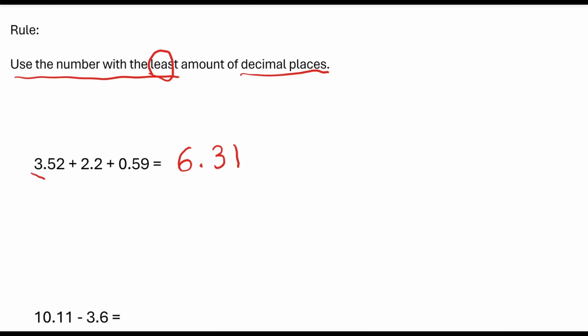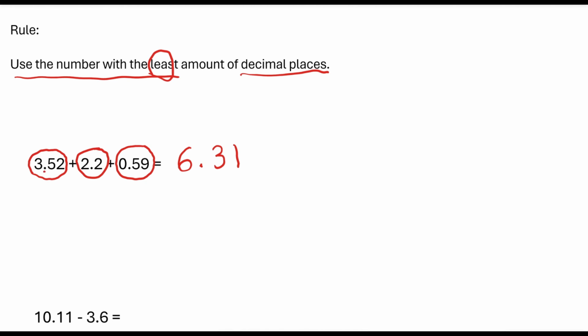Okay, so in here we're adding 3.52 plus 2.2 plus 0.59. What the rule is talking about is how many decimal places each number has. Let's do it one by one.